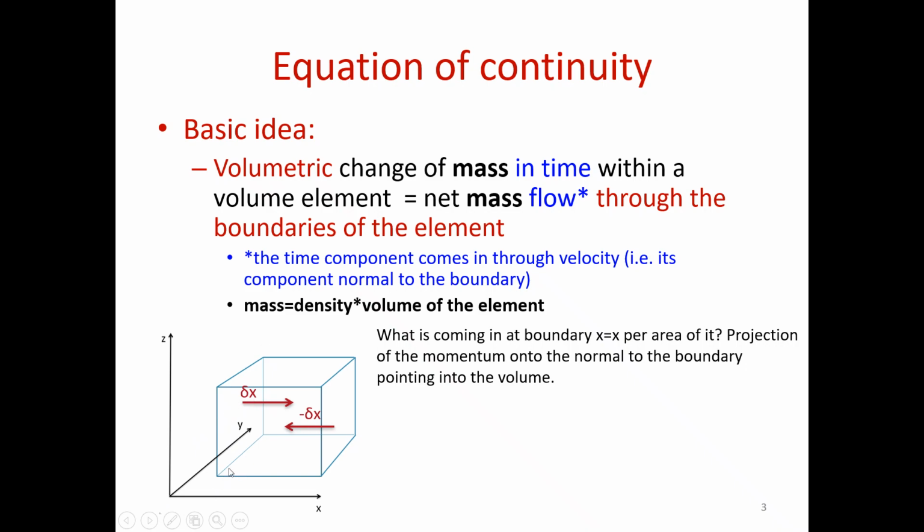And that's my location x. I didn't denote it here, but this is location x, and this is location x plus delta x. So this plane has constant x, and this plane also has constant x, which I refer to as x plus delta x. On the other side, to see what's coming in this direction, I project velocity in this direction.